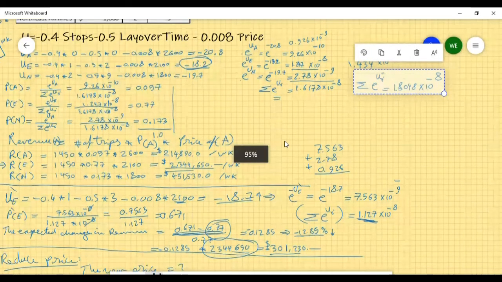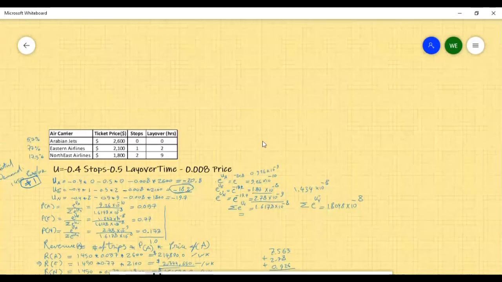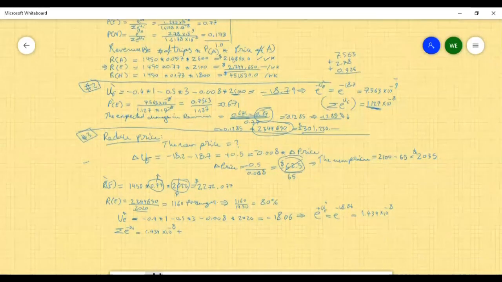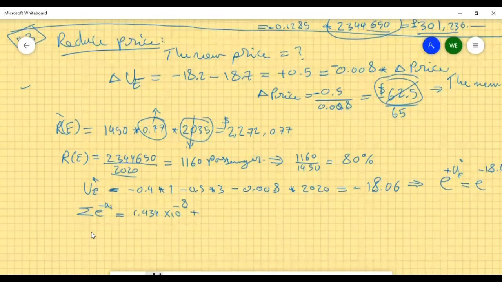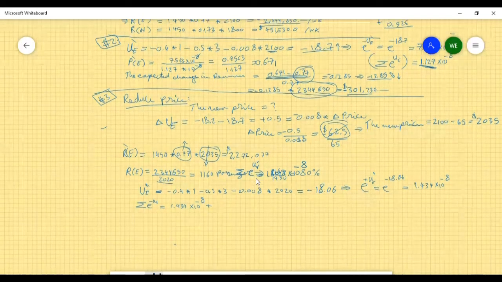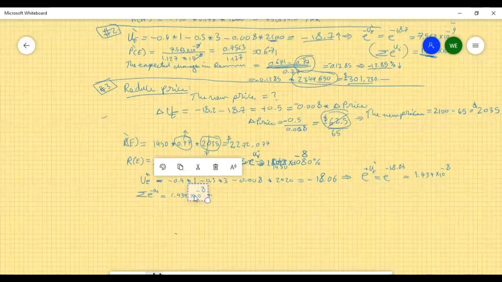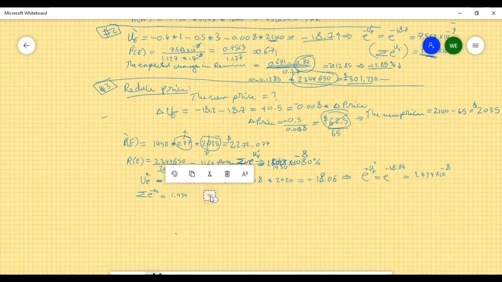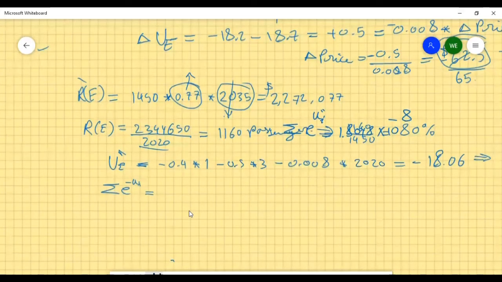Okay, let's take this and go down here. So basically the new summation will be this value, 1.8048 multiplied by 10 to the power minus 8.